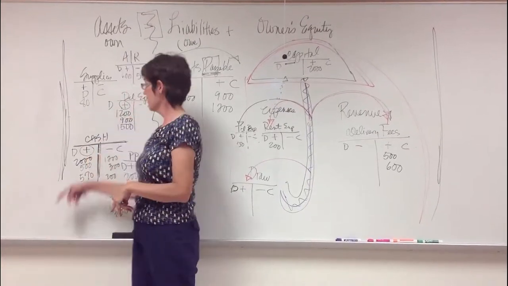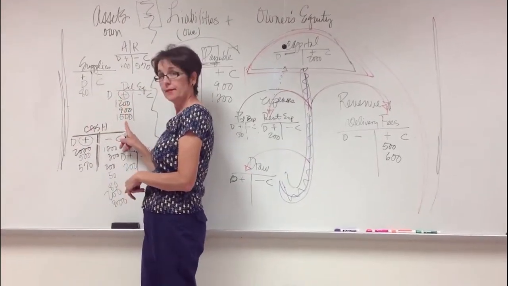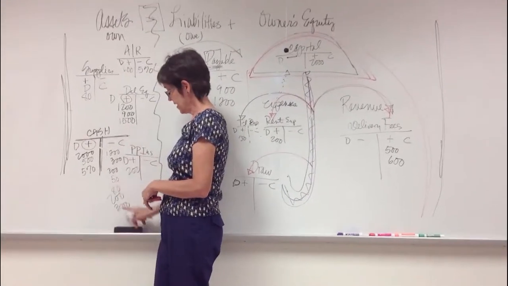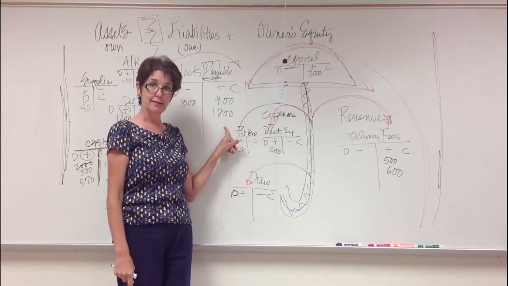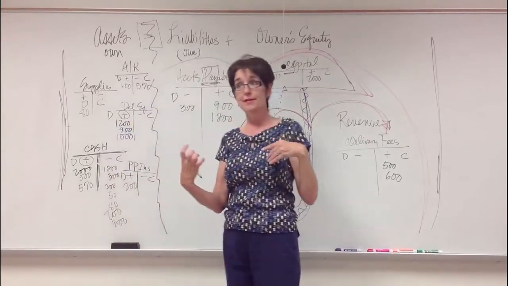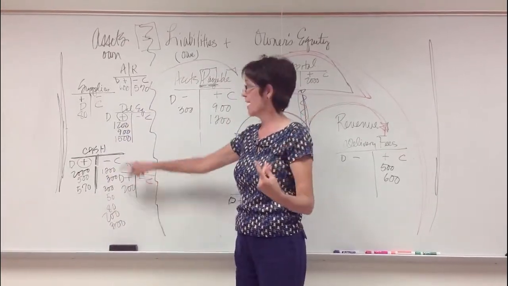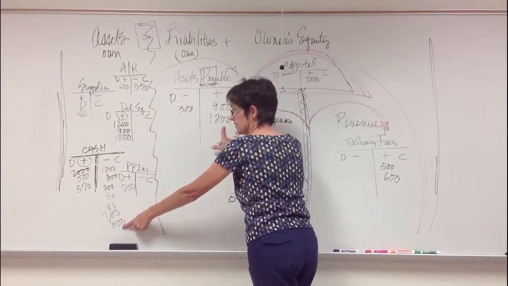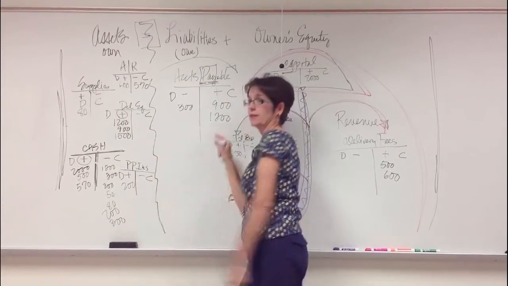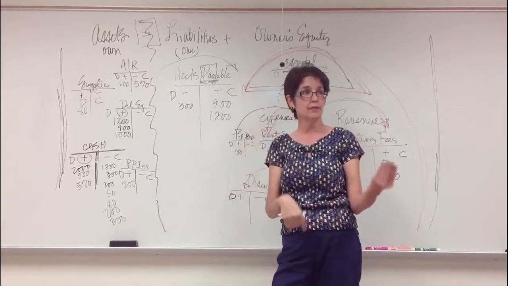I also have a debit, and I have a credit, and I have a credit. Do my debits equal my credits? I have $1,500 debit, and I have 2 credits that equal 1,500. So my debits equal my credits.